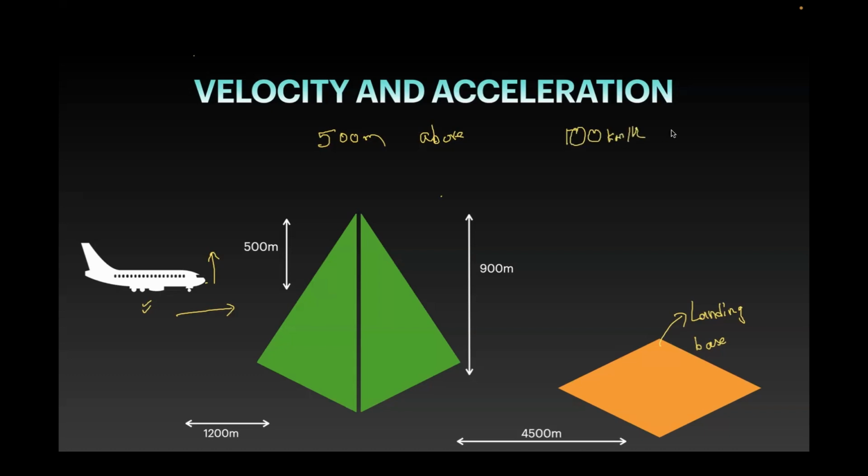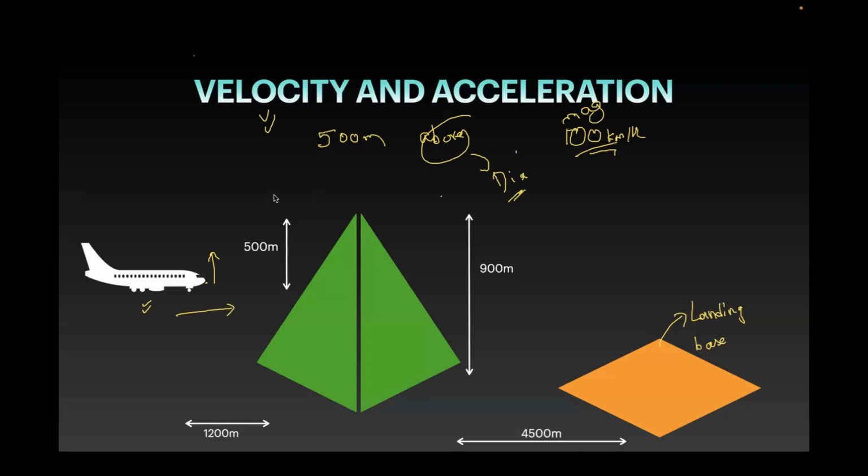With what speed are you moving? 100 kilometer per hour. Where are you moving? Above. This is magnitude and this is direction. So velocity has both magnitude and direction. Don't you think it's a vector?